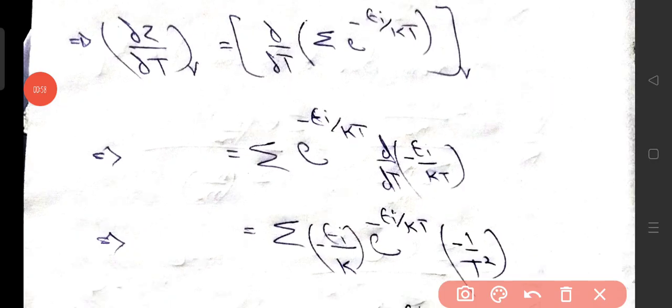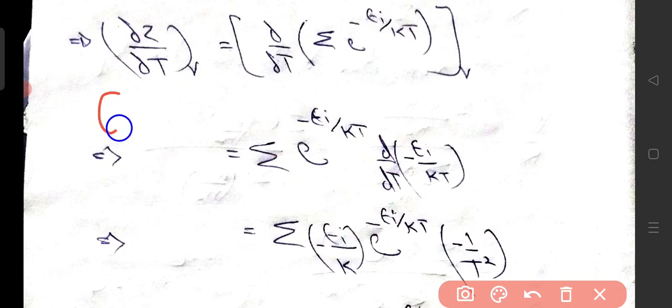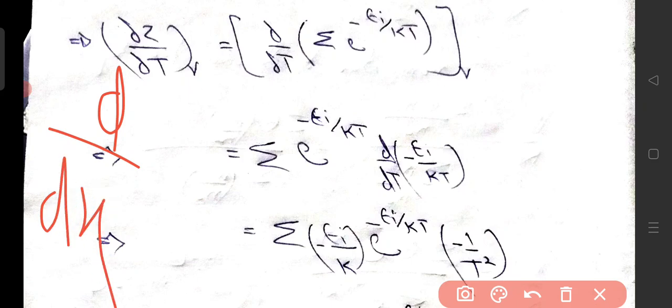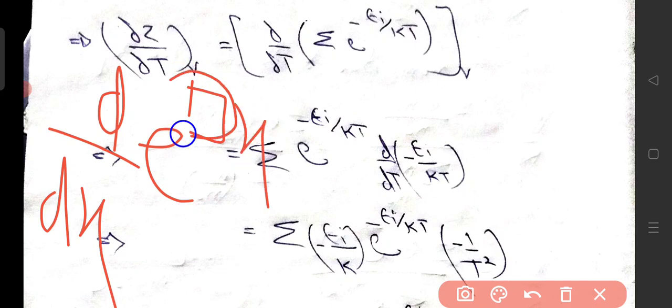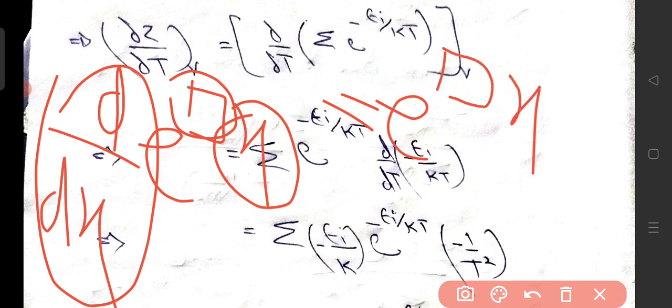When you take the derivative of this exponential function, first I recall the derivative of the exponential function: d divided by dx of e power box x. If you have a box and a variable x and you want to take the derivative of this function, the result is e power box x, the same, times the derivative of the box.